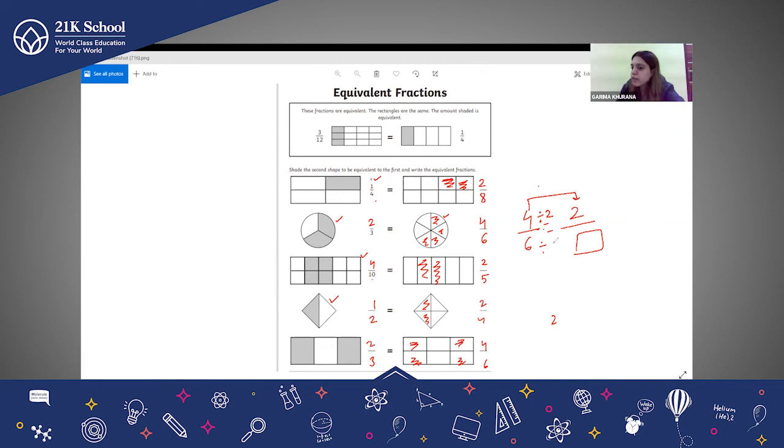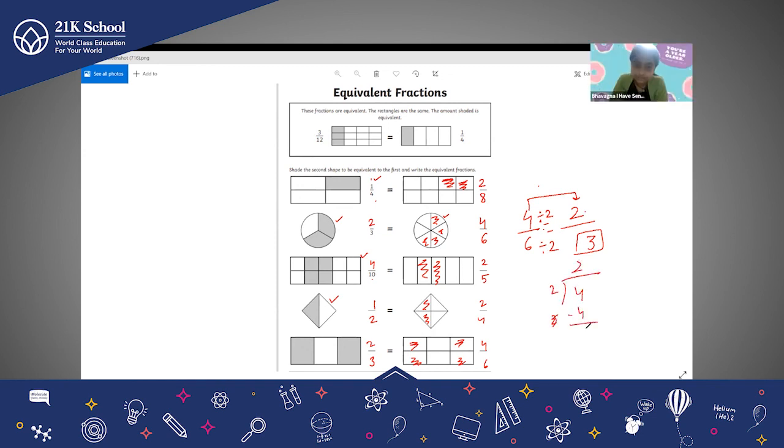Now remember in the equivalent fraction, if we are dividing the numerator or the denominator, we'll have to do the same with the other. So we'll have to divide it with the 2 also. Ma'am, 4 divided by 2, the answer will be 2. You can check, 2 2s are 4.